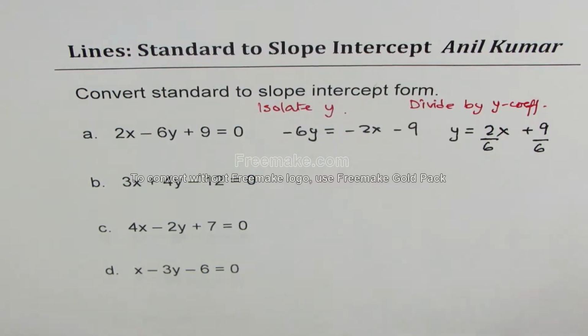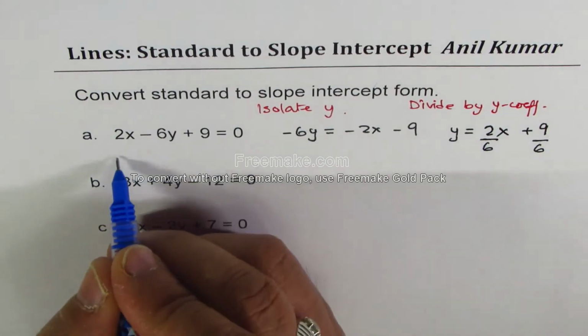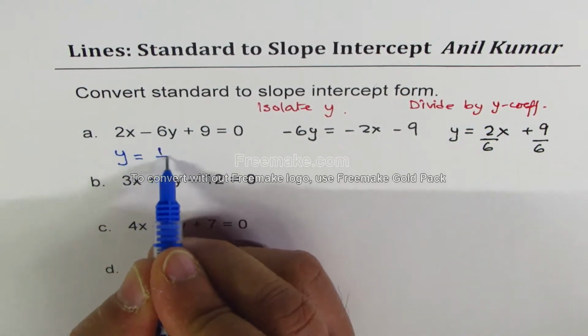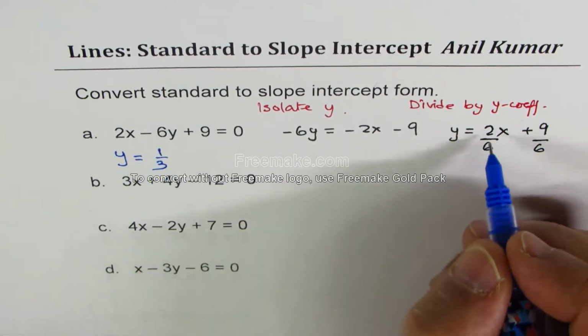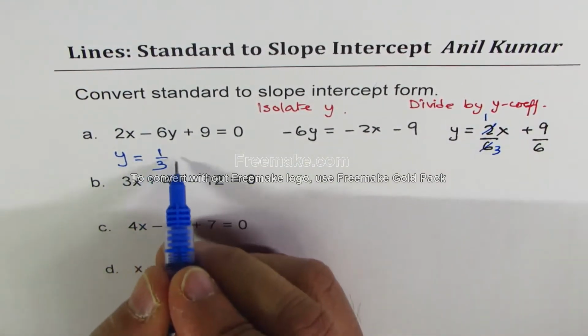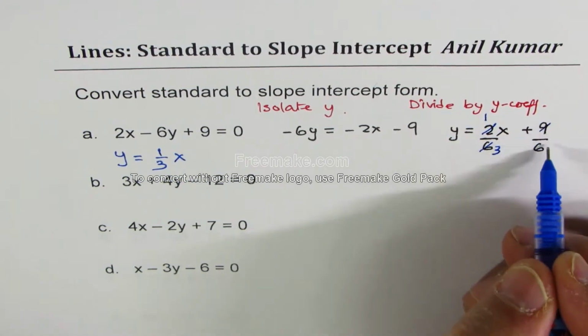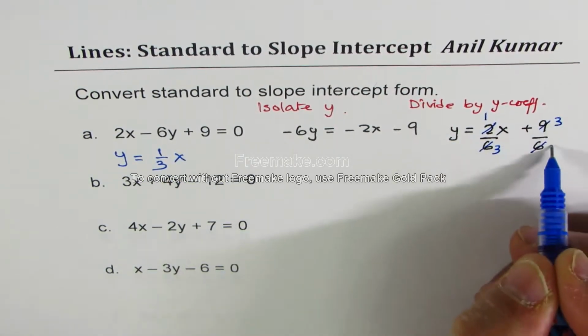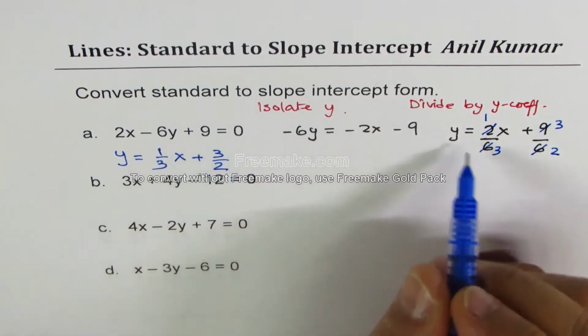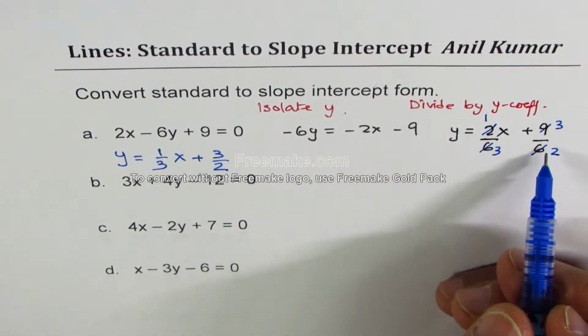So I could write this expression as y equals 2 divided by 6, both have two common factors. So we'll simplify. So it is 1 and 3. Do you see that? So we get 1 over 3x. And here we could divide both by 3, 3 times 3 and 3 times 2, plus 3 over 2.